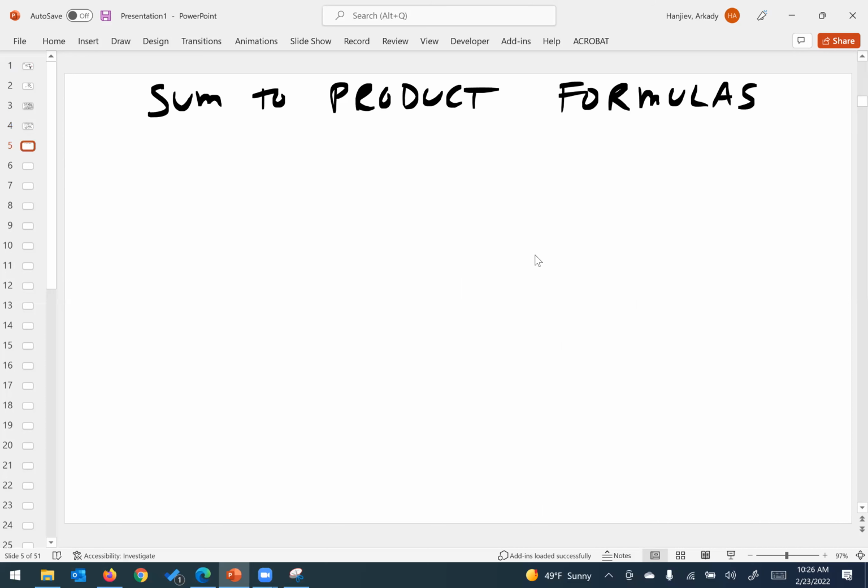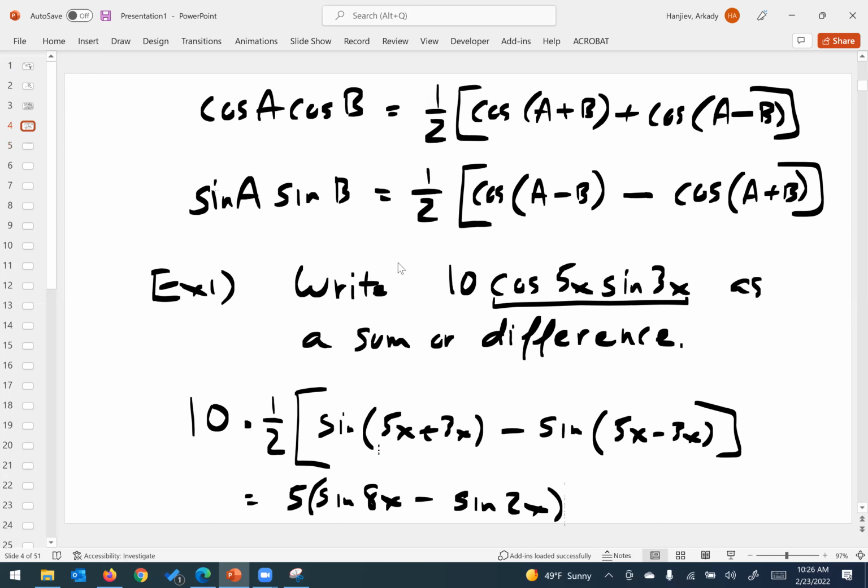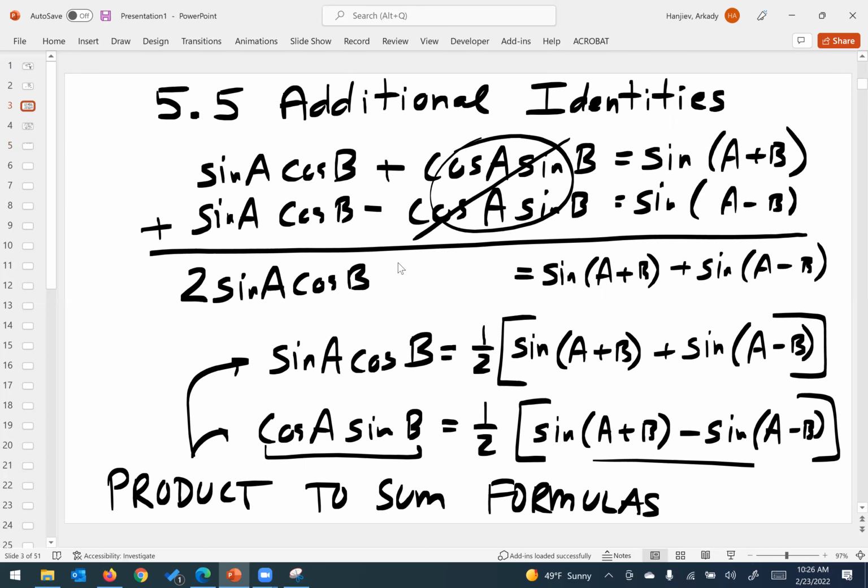So I have this little situation. So let's go the other way here. This is called sum to product. So let's go the other way. And so let's pick on one of them here.